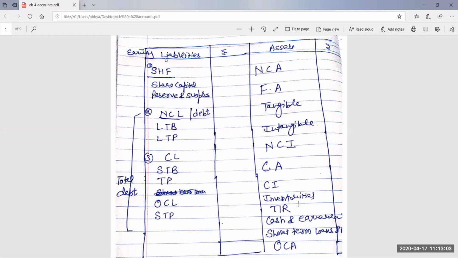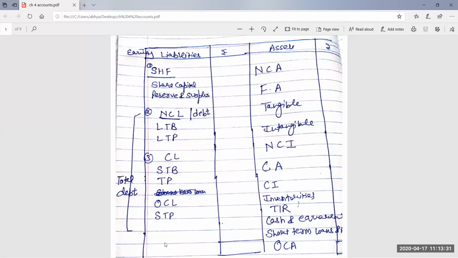Then I'll tell you how the hidden figures can be found just by keeping one balance sheet in mind. No need to learn the different formulas. In equity and liability, there are 4 major heads, but the share application money pending allotment we will not be doing from the ratios point of view. So basically here there are 3 heads in equity and liability.